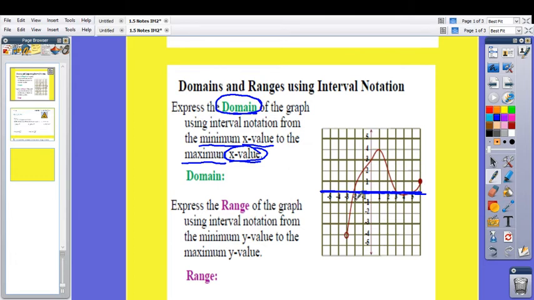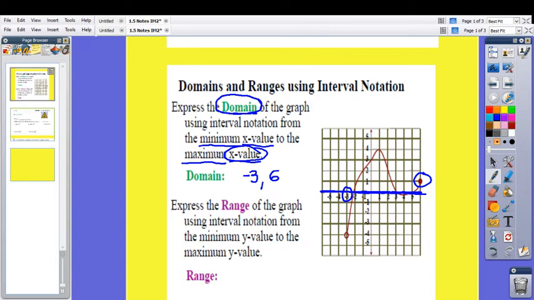Then for the minimum x value, you come up here, this is the left endpoint of your graph. You find out what this x value is. Okay, it's -3. Now you find out the maximum x value, and that is 6. So the domain will be -3 and 6.